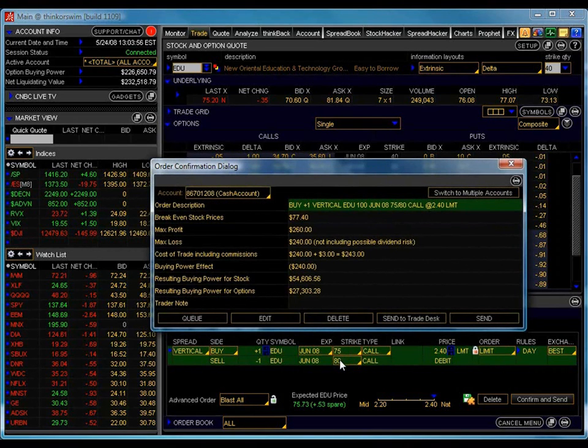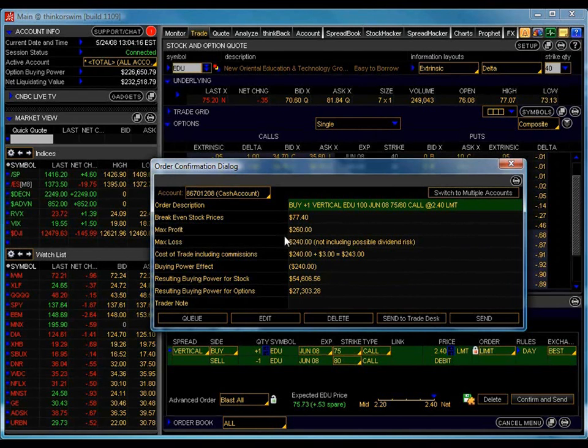So our maximum profit is $5 minus $2.40, which is $2.60. And that's exactly how they calculated our maximum profit in the dialog box. Our maximum profit is $2.60 on this spread.